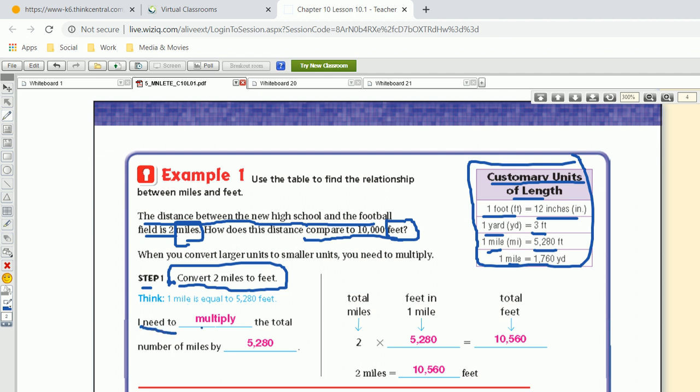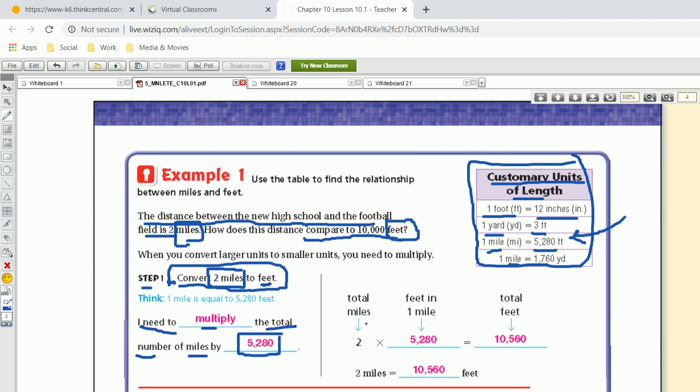I need to multiply the total number of miles by 5,280 because we want to convert 2 miles to feet, and here 1 mile equal 5,280 feet. So we want to multiply this number of miles, which is 2, by 5,280.